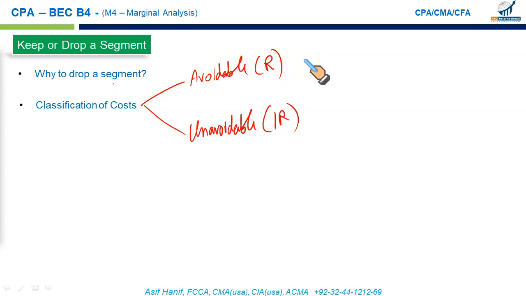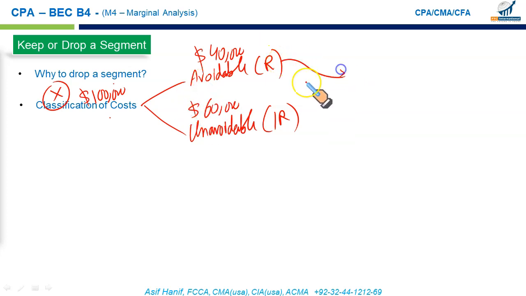that you're giving up. Let's say we have a total of $100,000 as our fixed costs for a segment X. If we discontinue segment X, we will be able to avoid $40,000 of these fixed costs. These are avoidable fixed costs, and the remaining $60,000 are the allocated fixed costs which we cannot avoid.